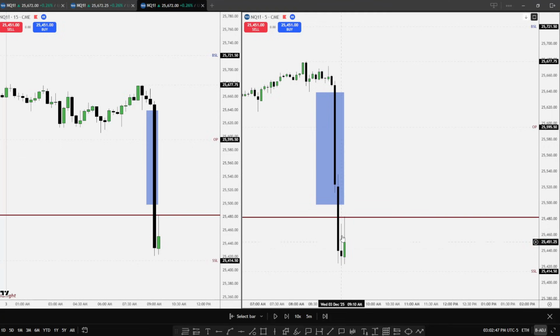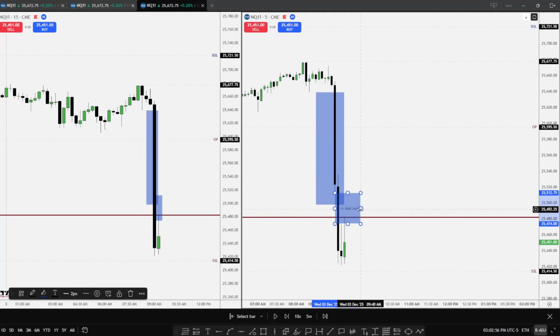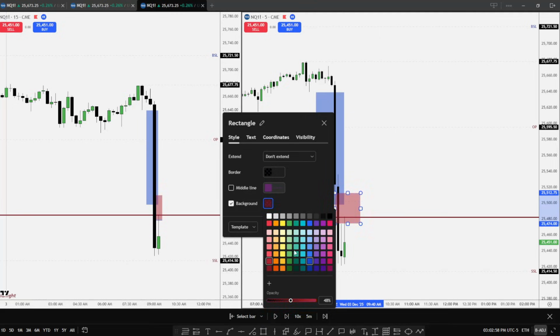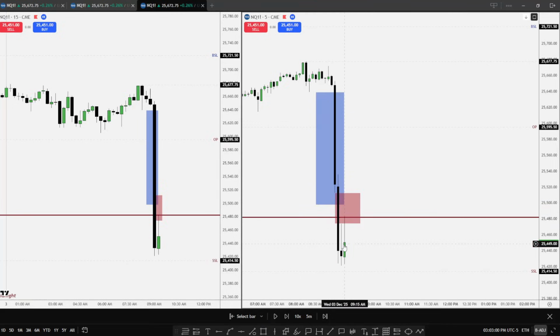So you see how price is putting in those two fair value gaps I talk about in my mentorship? If you have two of them, you always want the first one to hold, because if you're truly bearish, it shouldn't be going back above that.